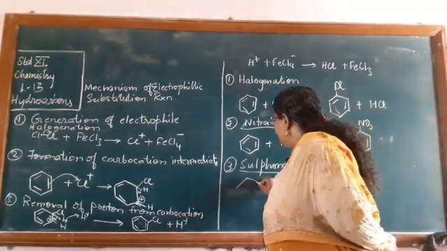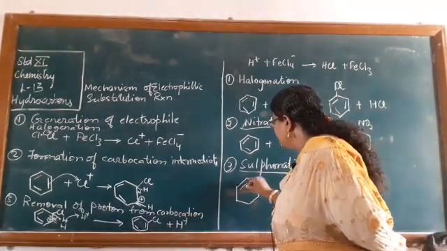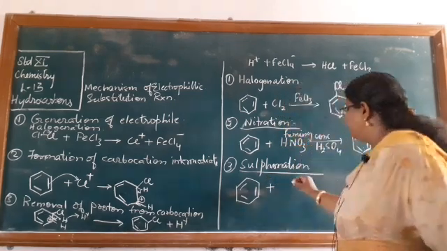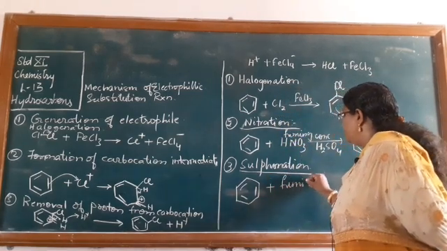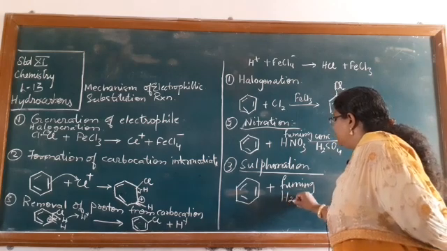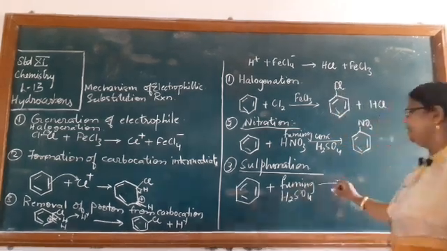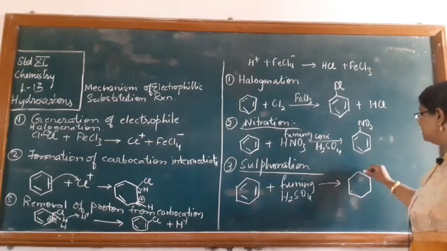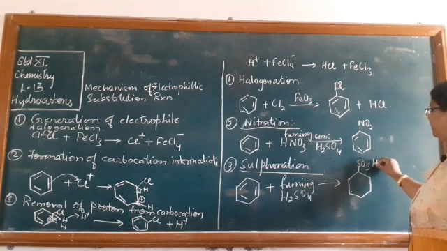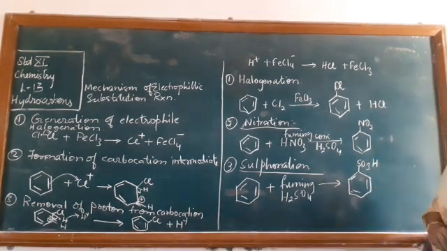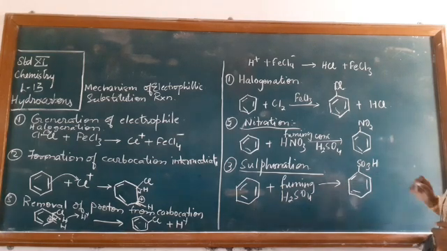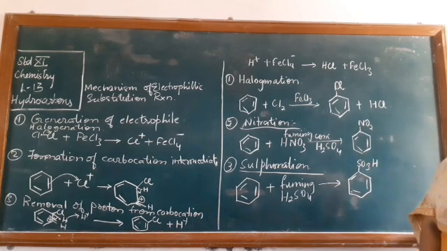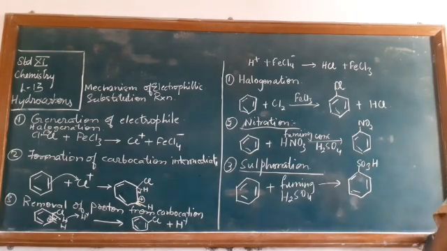So benzene ring, when it is treated with fuming H2SO4, will have the SO3H electrophile substituted on the benzene ring. So this is how you get your sulfonation. So you can copy this, then I'll go to Friedel-Crafts alkylation and Friedel-Crafts acylation.